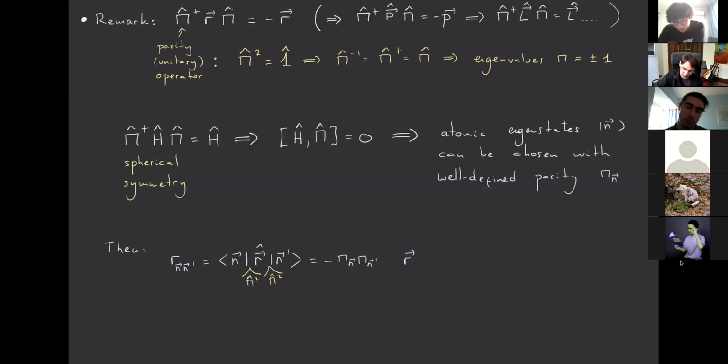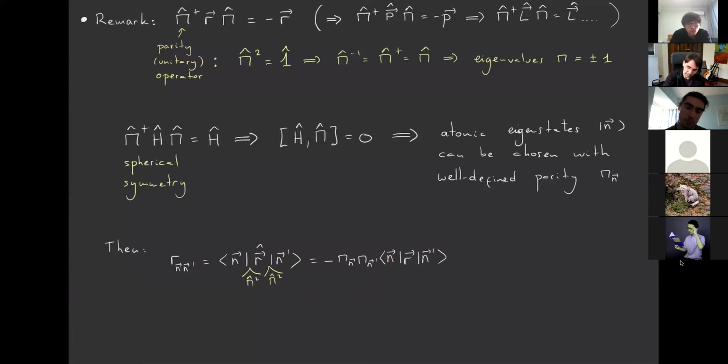But the matrix element stays the same. So what you see is essentially that R_{n n'} is equal to the same matrix element and a sign, okay?